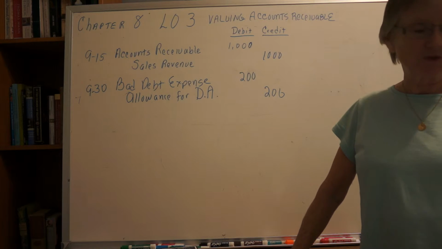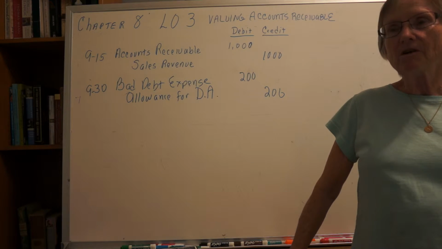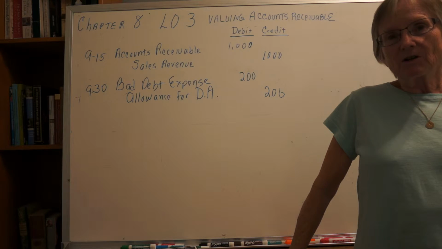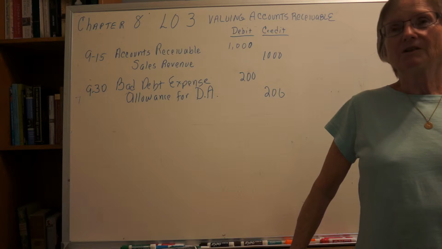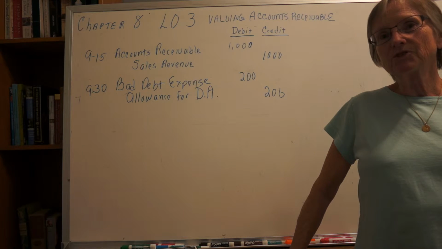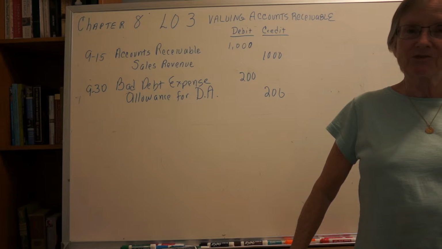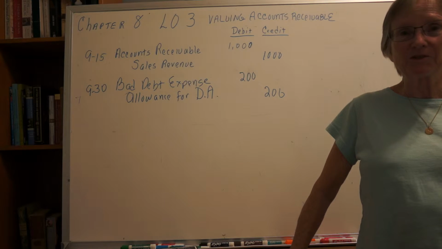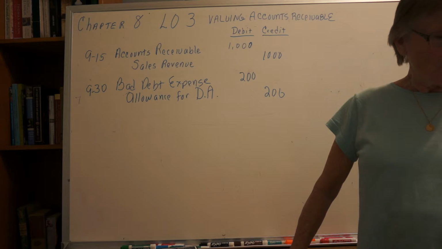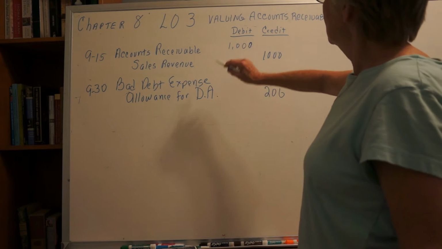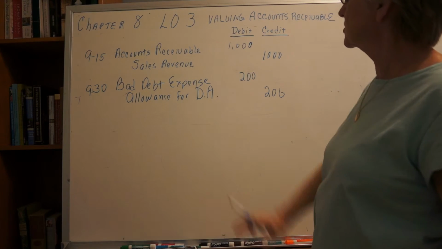Another contra asset account that you are already familiar with is when you have property, plant, and equipment, less accumulated depreciation. The accumulated depreciation is the contra asset account for the property, plant, and equipment. Same idea here. Okay, so this is what happens based on our accounts receivable and sales revenue.